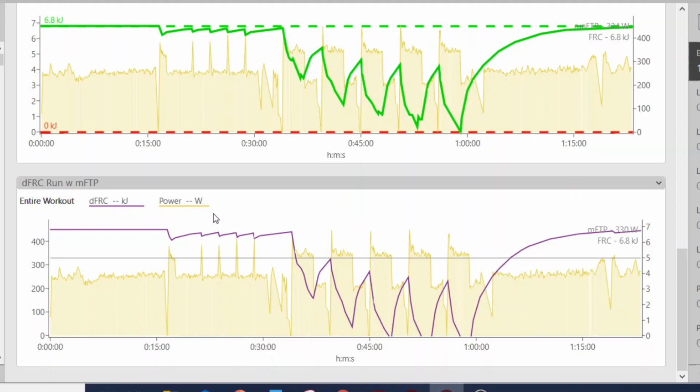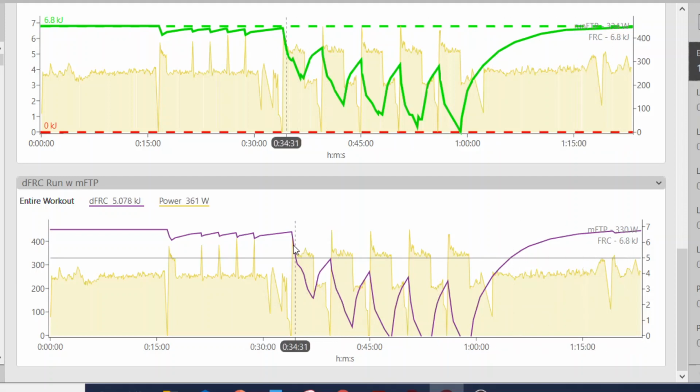So the default that comes with WKO uses FRC, a power duration metric provided from the power duration curve, and modeled FTP. Again, it's similar to auto CP and stride. Modeled FTP is the FTP from the power duration curve. That's the way it defaults.